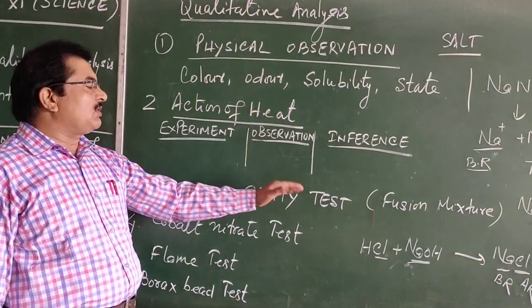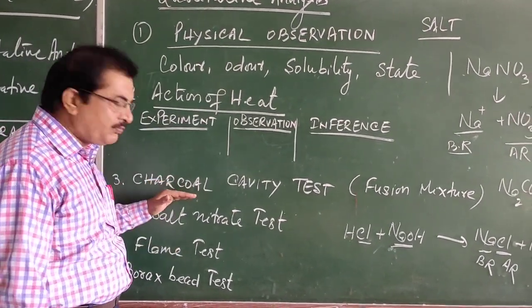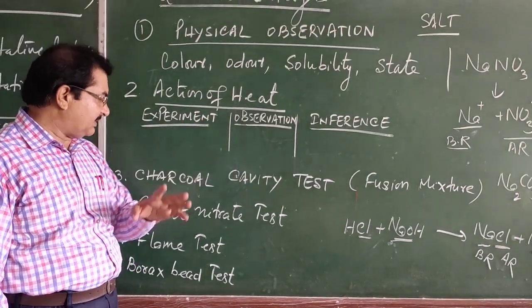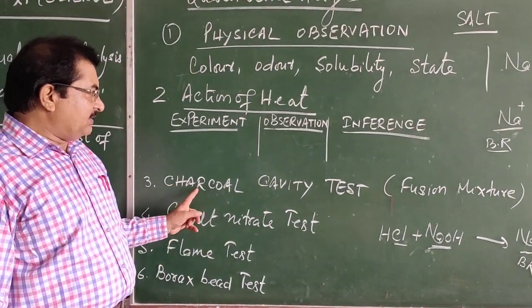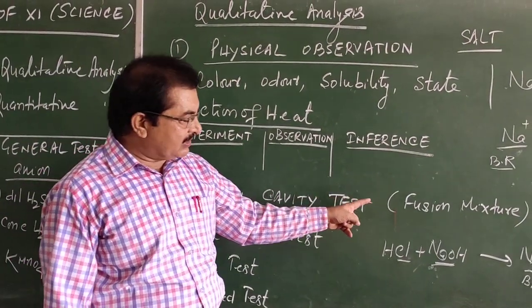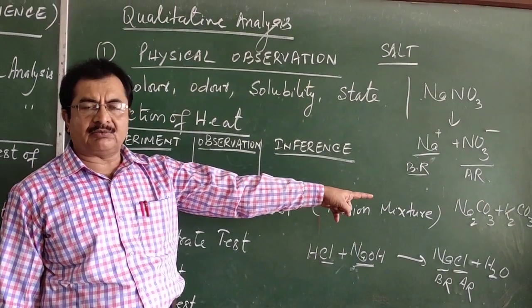Afterwards we come to the charcoal cavity test. Charcoal cavity test also I will show you just now. That also we write in tabular form: experiment, observation and inference. Remember, in the charcoal cavity test we use the fusion mixture. Fusion mixture is an equimolecular mixture of sodium carbonate and potassium carbonate.